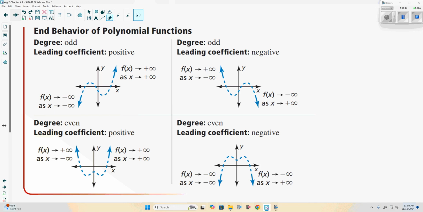Now, there is also something interesting with these higher degree polynomial functions, is that they have a certain end behavior. And all this means, and especially if you notice, well, let me get a highlighter. There's a reason that everything in the center is this dashed line.